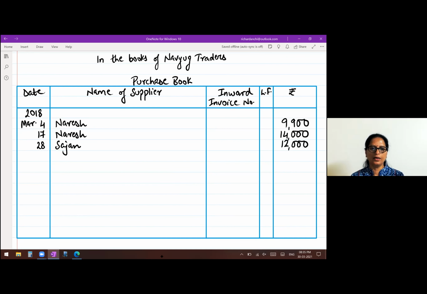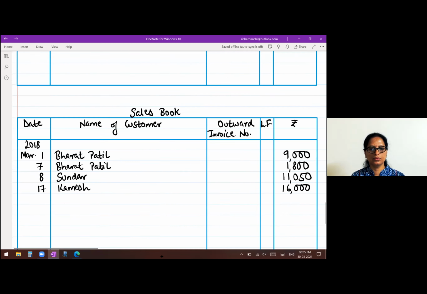Now take the total of the books. So first purchase book total will be 35,900. Now take sales book.